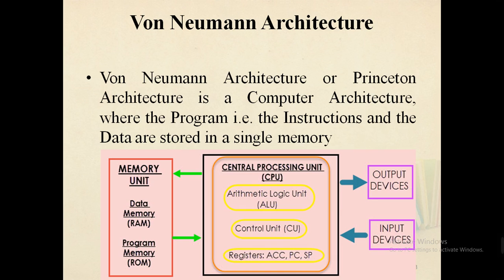Since the instruction memory and data memory are the same, the processor or CPU cannot access both instructions and data at the same time, as they use a single bus. This type of architecture has severe limitations on the performance of the system, as it creates a bottleneck while accessing the memory.